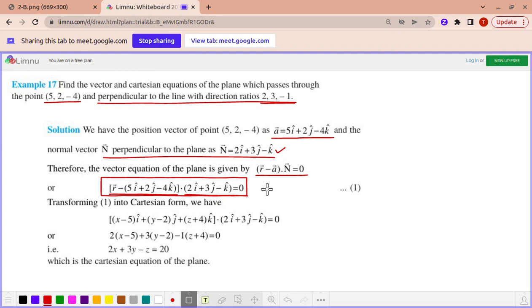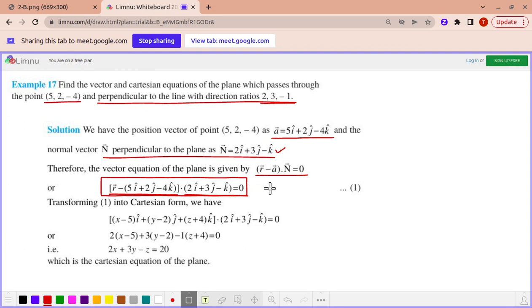So, now r vector is nothing but x i cap plus y j cap plus z k cap. Why? Because x, y, z is an arbitrary point on the plane. r vector is an arbitrary position vector of any arbitrary point on the plane.